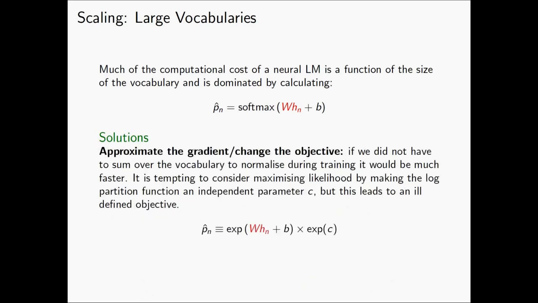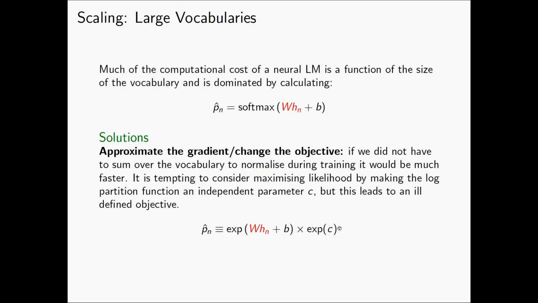So another popular approach is to either approximate the gradient of the softmax, or to change the objective function to something which is going to be quicker to compute. What I've done here is to expand out the softmax into the bit which is on the numerator and the denominator.